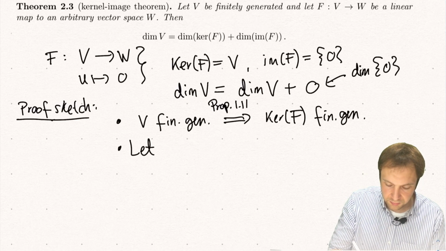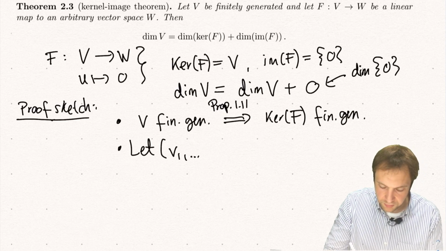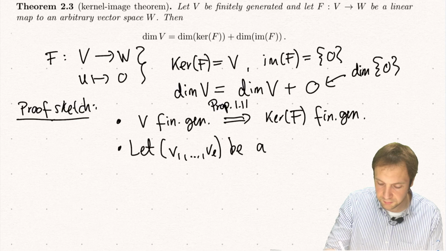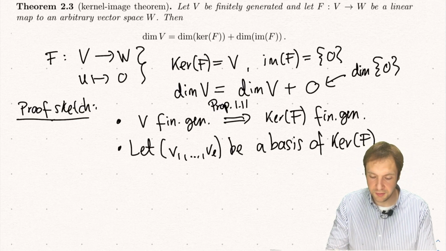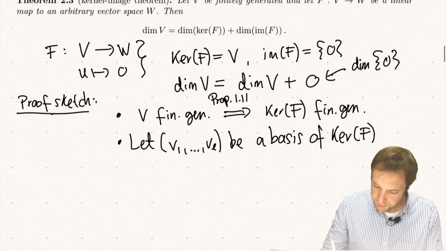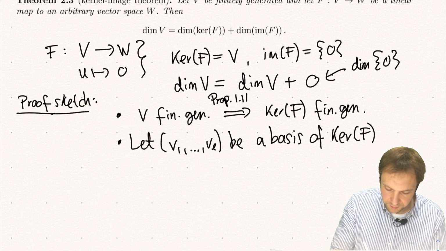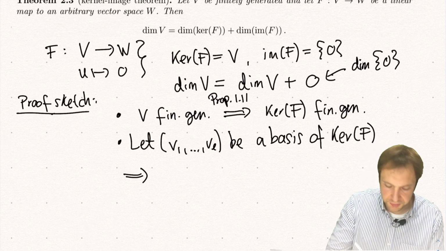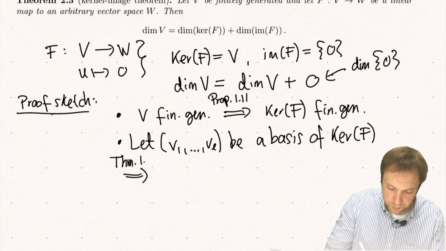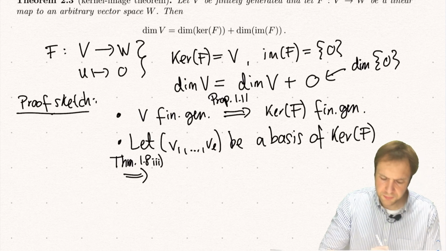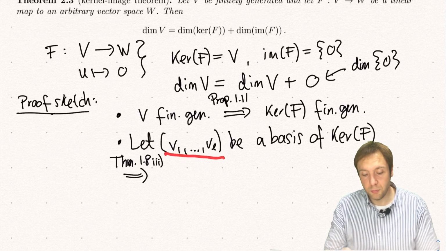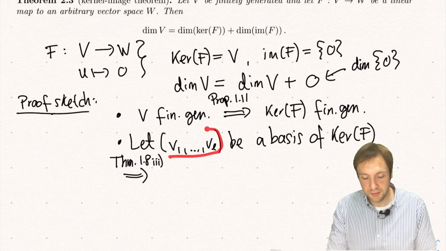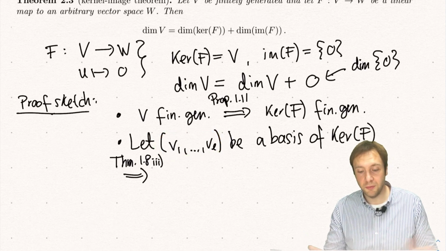So let v1 up to vl be a basis of the kernel. In other words, the dimension of the kernel is l. Then we know by what we did in the first lecture, by Theorem 1.8.3, that I can find more vectors such that these v's together with these vectors give a basis for the whole space.